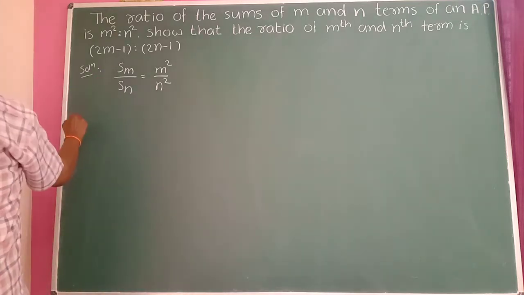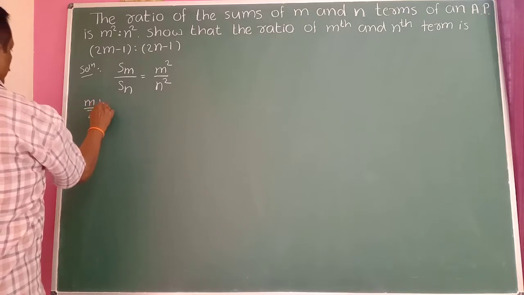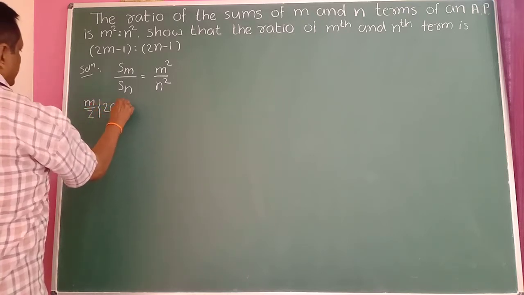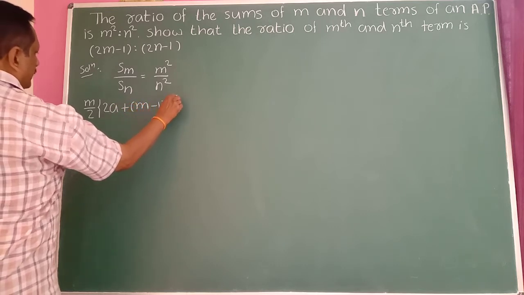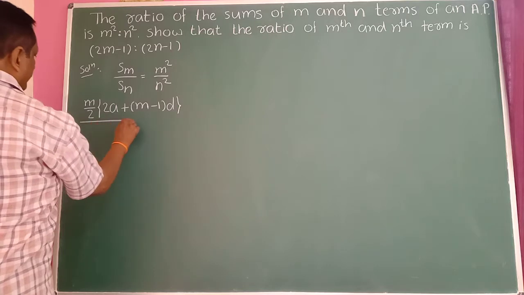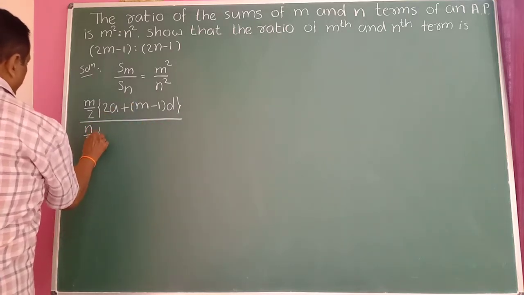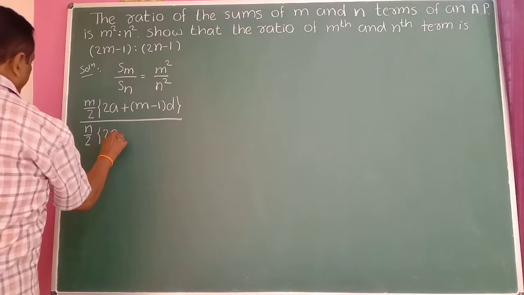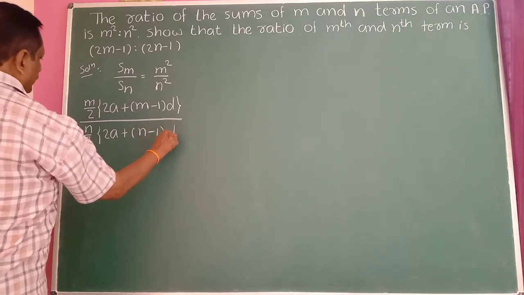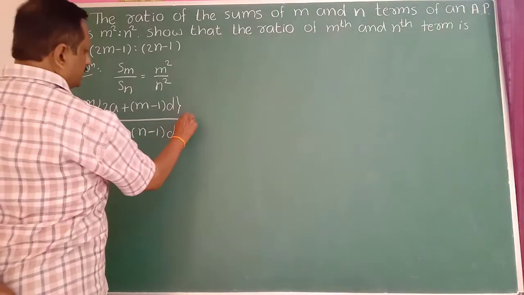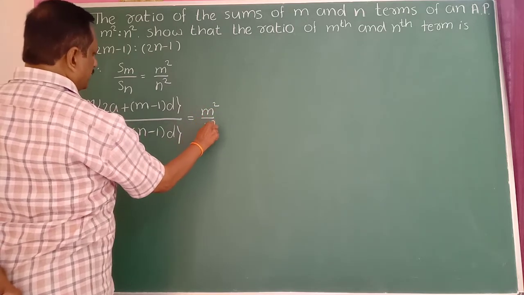Then Sm is m upon 2 into 2a plus m minus 1 into d, whole divided by Sn is n divided by 2 into 2a plus n minus 1 into d. Then this is equal to m square divided by n square.